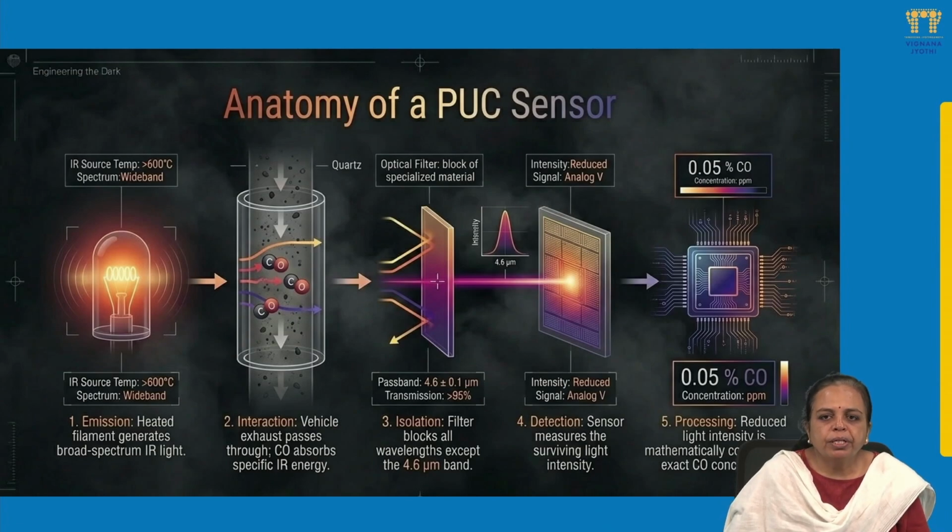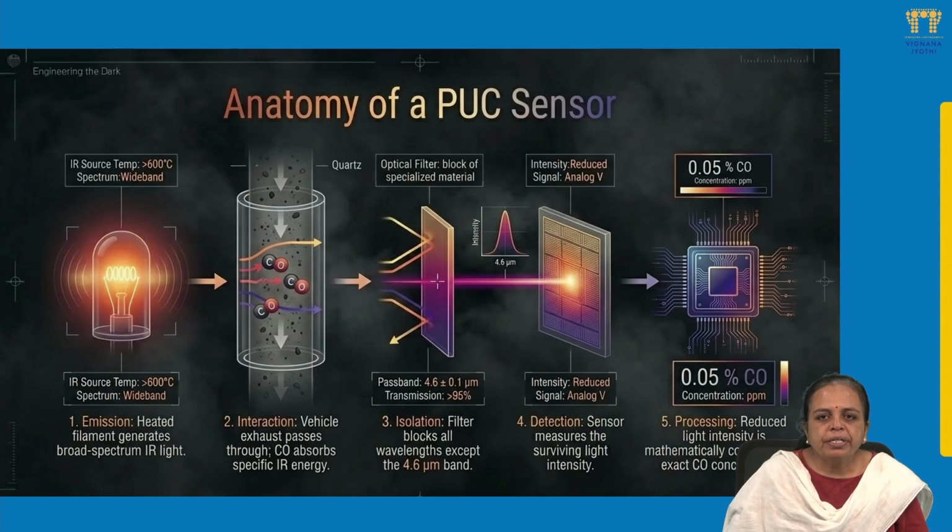This is the anatomy in a little bit more detail. The IR source is there, which emits heat through the filaments, and then there is a chamber where the gases, the carbon monoxide gas or other gas, will be absorbed. Carbon monoxide will be absorbed at 4.6 micrometer, then it goes through the optical filters.